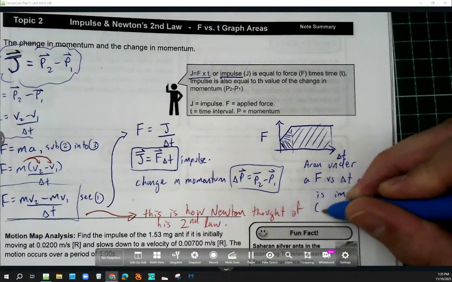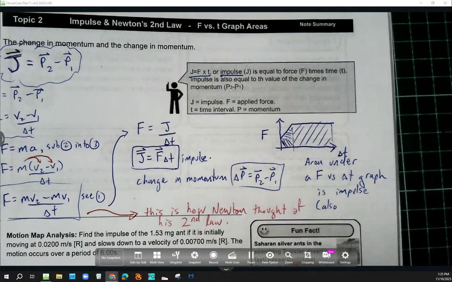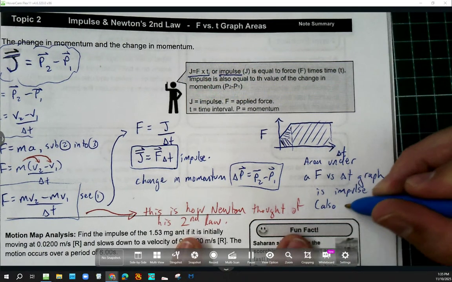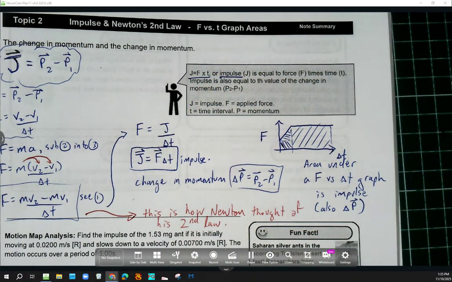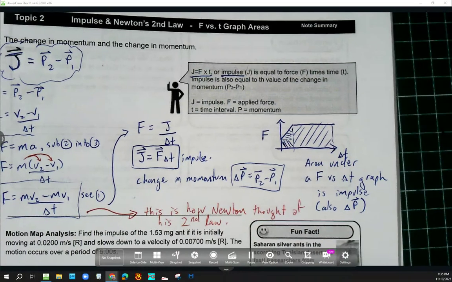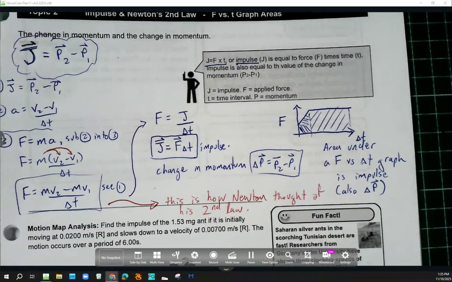And I could also say it would let us calculate change in momentum. So that's a handy thing. That's a little bit of the quick theoretical background before we move on to the next stuff.